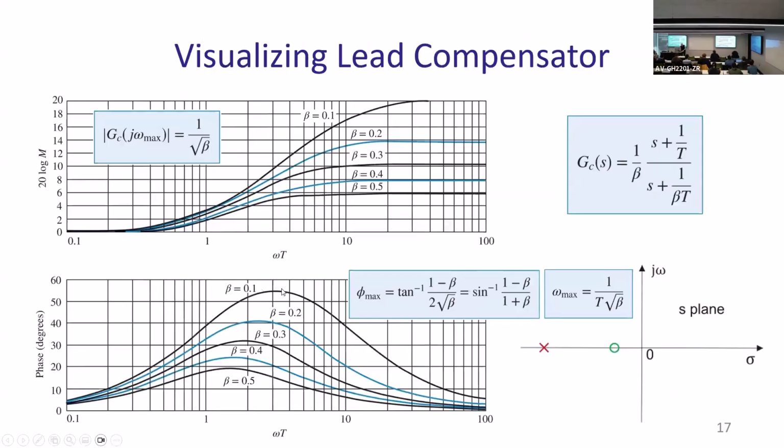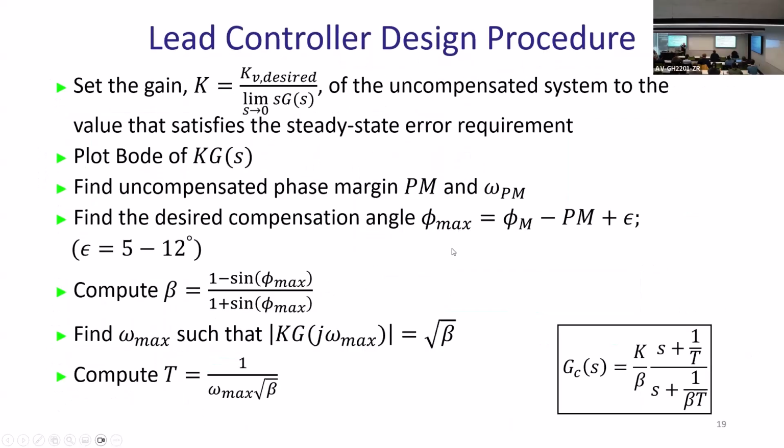It says practically how much phase I need to add to get the phase margin that I want. So it's phase margin desired minus the phase margin that you have. Makes sense, right? Like if you have, for example, a phase margin of 20 degrees and you want 50 degrees, just add 30 degrees, all right?